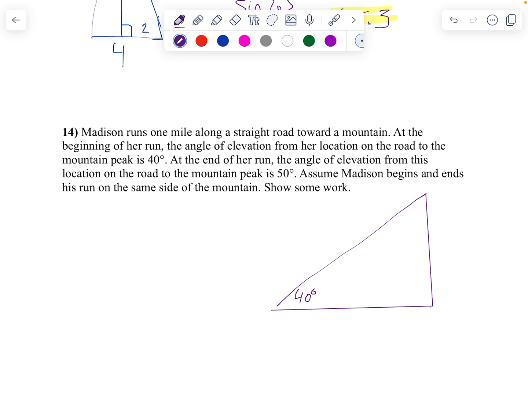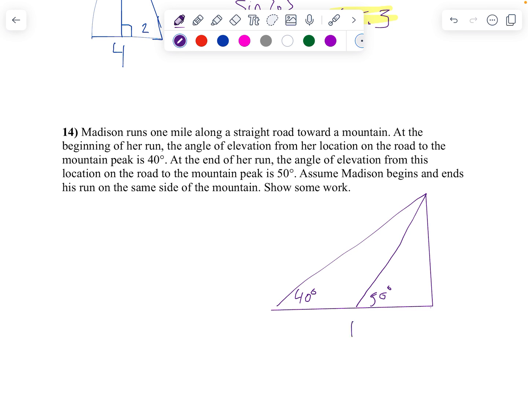At the end of her run, the angle of elevation from this location on the road to the mountain peak is 50 degrees. So we know that's 50 degrees right there. Assume Madison begins and ends his run on the same side of the mountain.